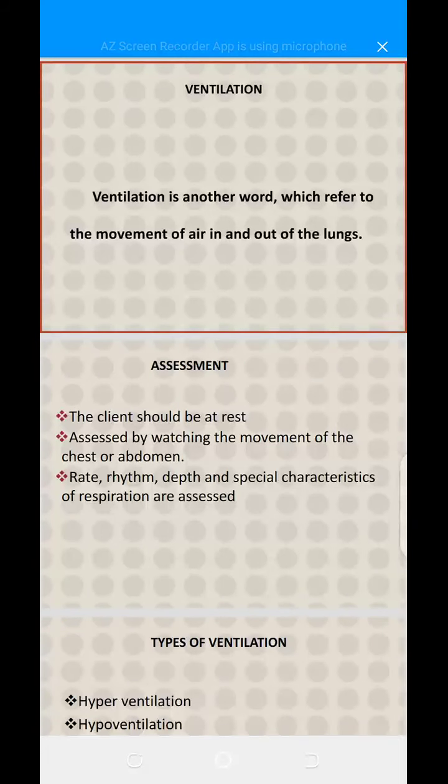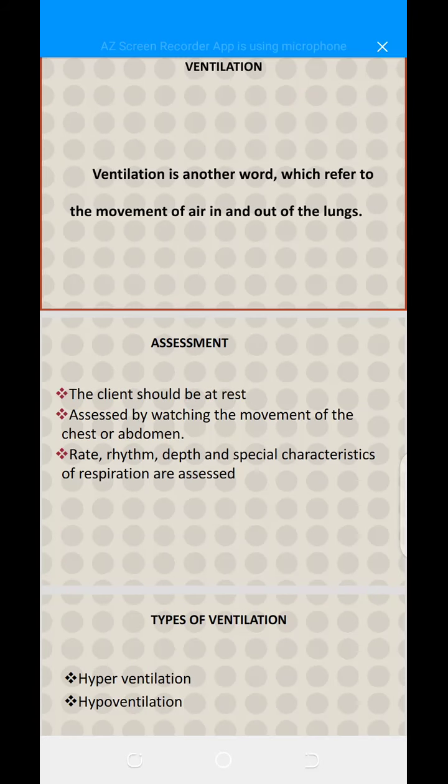Another important factor that you need to understand is ventilation, because we shall be talking about hyperventilation and hypoventilation. When we talk of ventilation, we simply refer to the movement of air in and out of the lungs. When the air is moving into the lungs at a rate higher than expected, it is called hyperventilation.